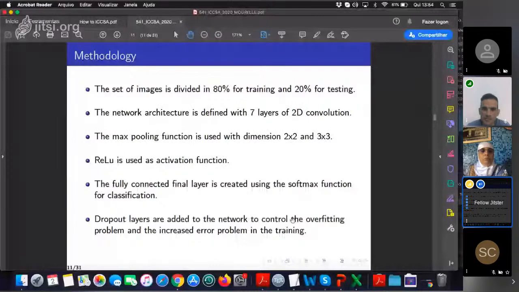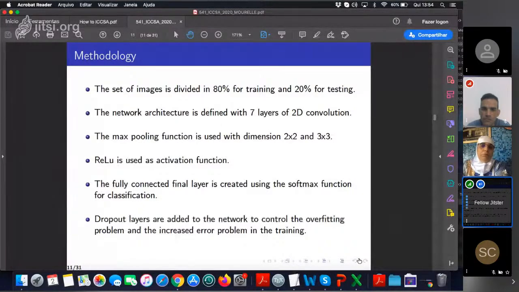Max pooling function is used with dimensions 2x2 and 3x3. And the rectified linear unit is used as activation function, ReLU. And the fully connected final layer is created using the softmax function for classification. Dropout layers are added to the network to control the overfitting problem and the increased error problem in the training.